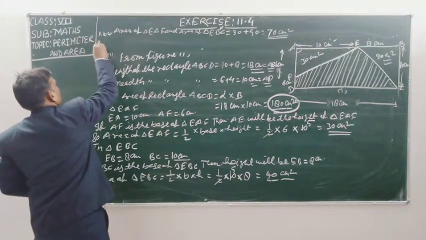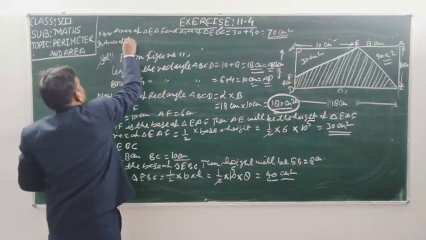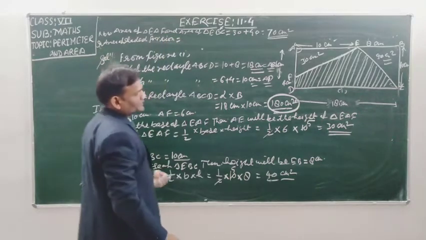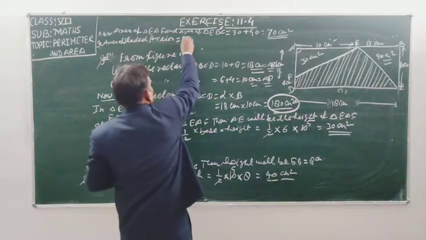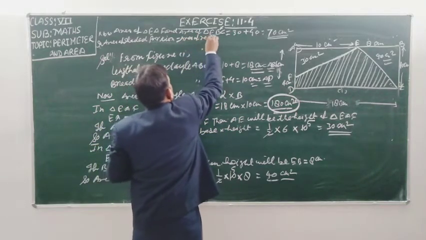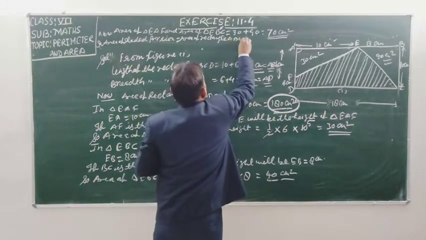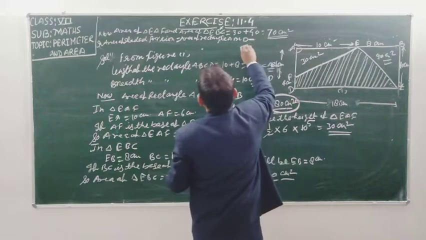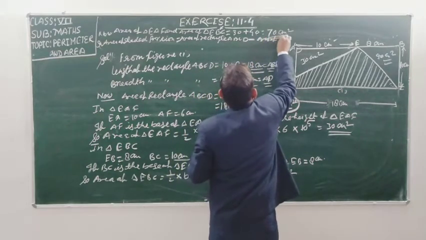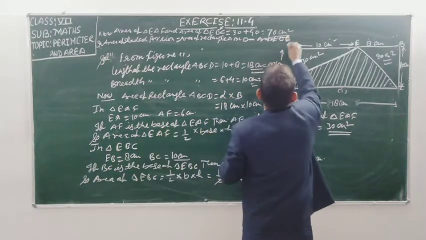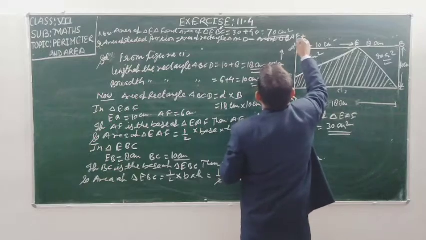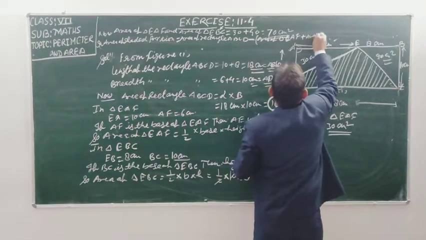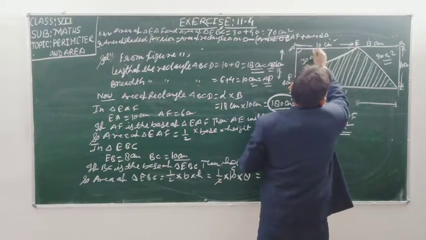Therefore, area of shaded portion is equal to area of rectangle ABCD minus area of triangle EAF plus area of triangle EBC.